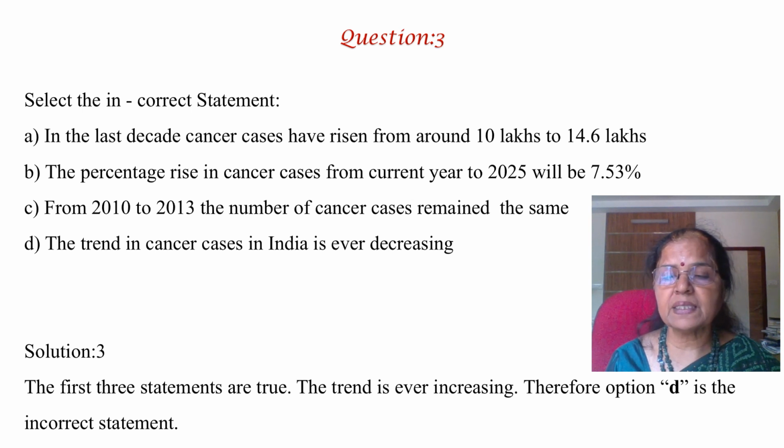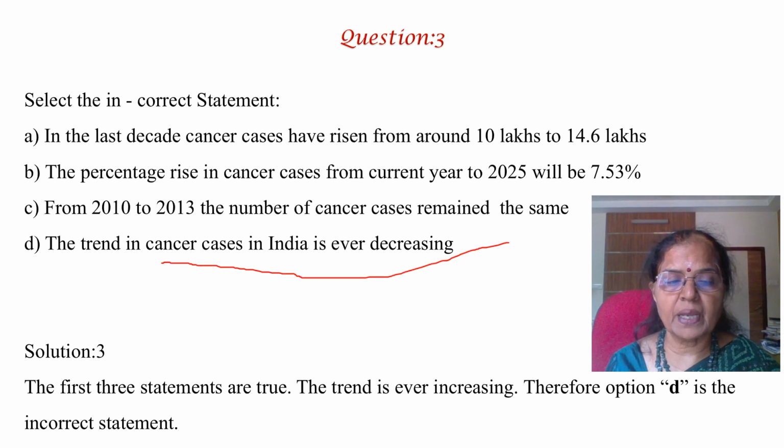So it remains the same. Yes, true. The statement is correct. And the last statement, D, where it says the trend in cancer cases in India is ever decreasing. No, it is not decreasing. On the other hand, it is increasing. So D is the incorrect statement.